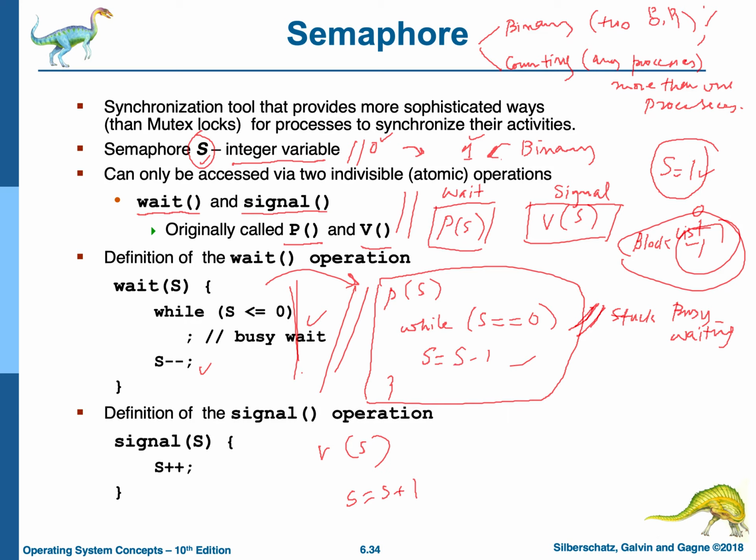Even if some have a block list, we still initialize them with the maximum number of processes. As we have only two processes, we initialize S with 1, because 0 and 1 are two processes. If we have 5 processes in a counting semaphore, then we will initialize S with 5.